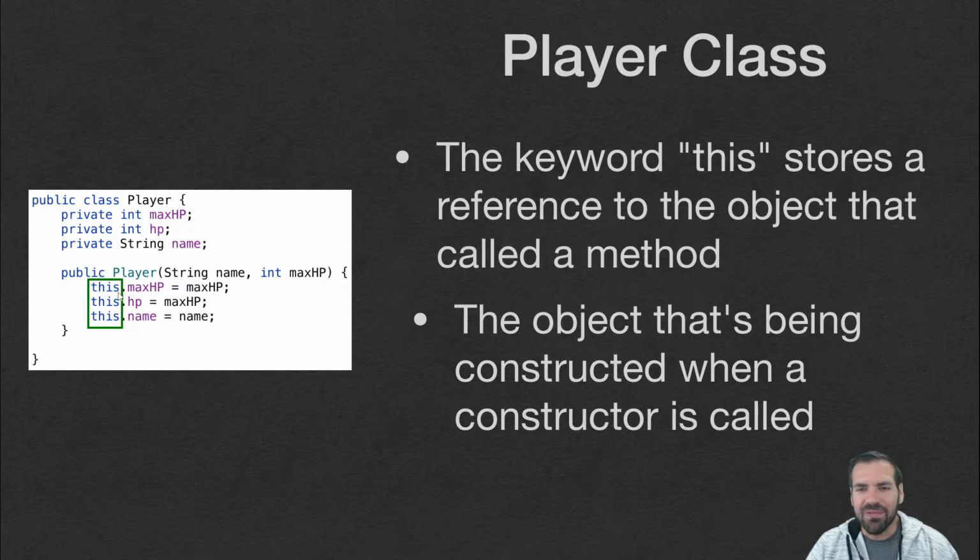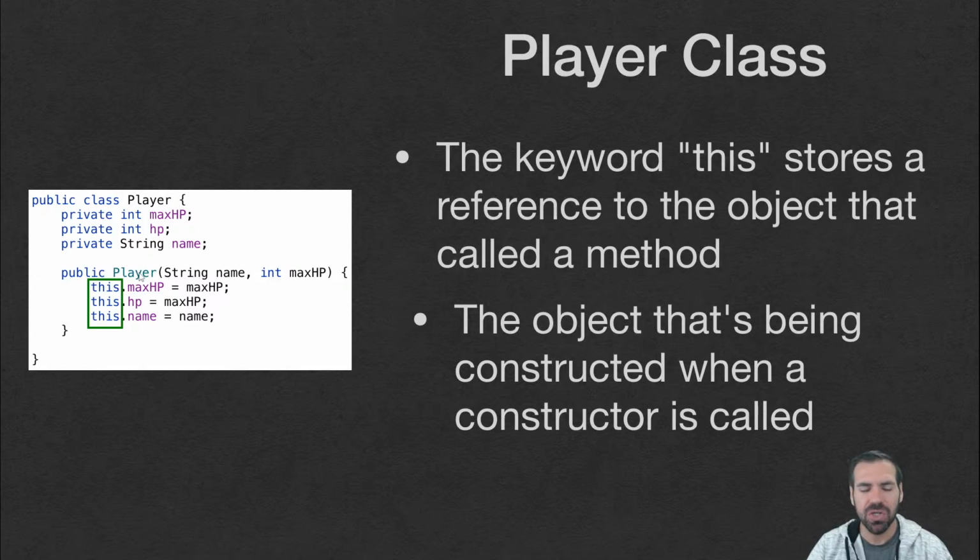But think of it as a variable that just comes out of nowhere. It just appears. It just is there. You can always use this keyword, this variable, this. And what's stored in this is a reference to the object that called the method that you're currently in.